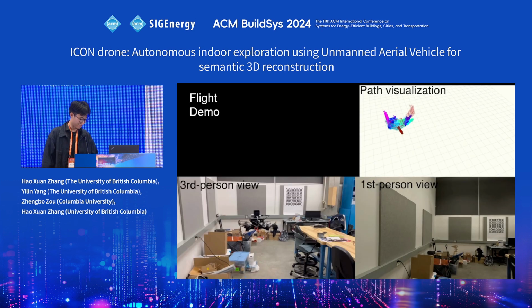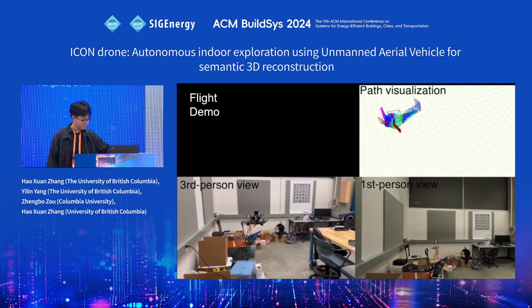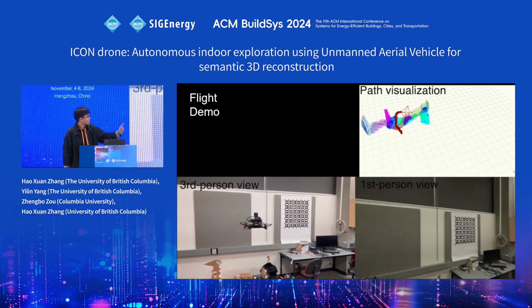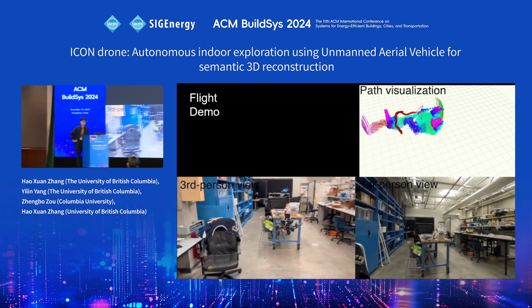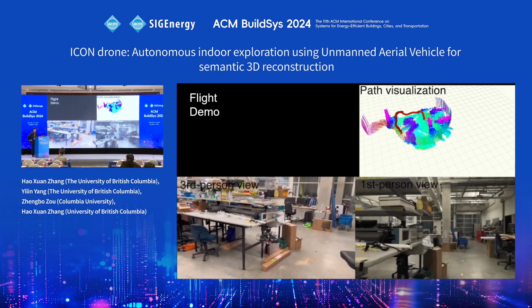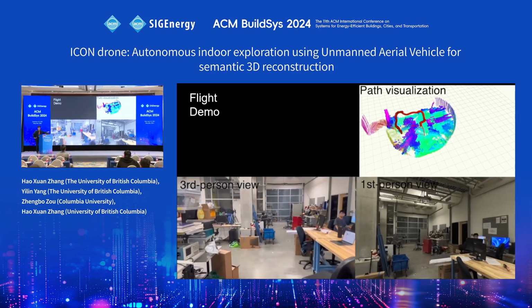For the fun stuff, here is a demo of our drone flying in a very cluttered space. On the far right is the 3D voxel grid map that our drone is reconstructing for navigation. You can see the red line is the trajectory of the drone.